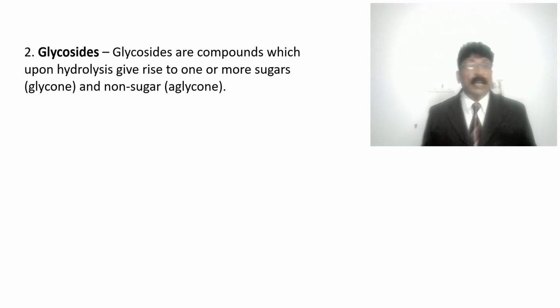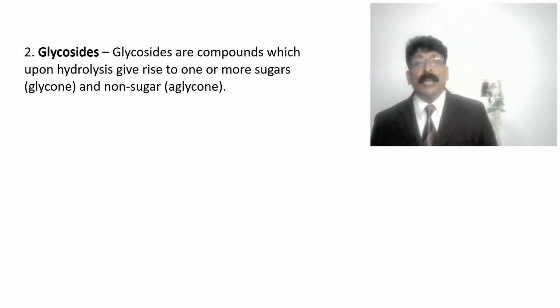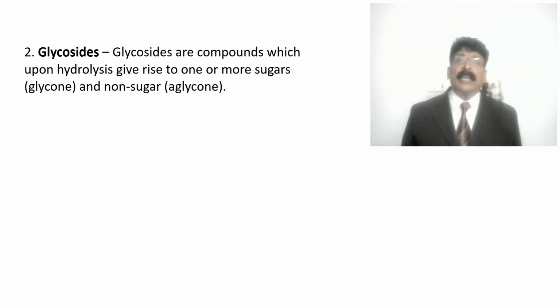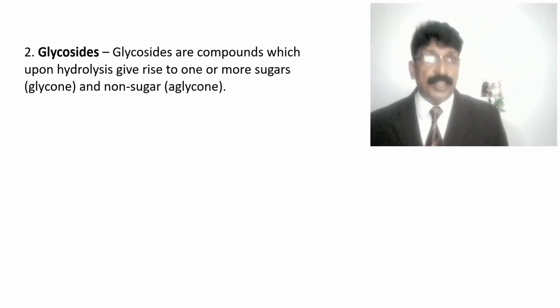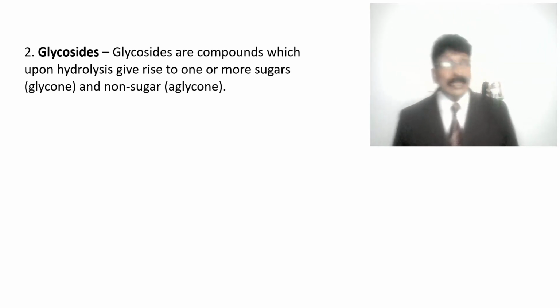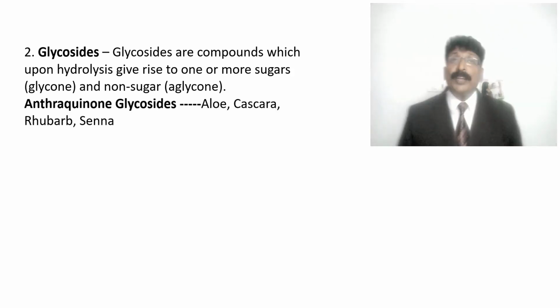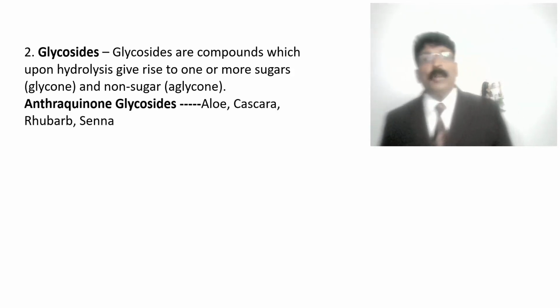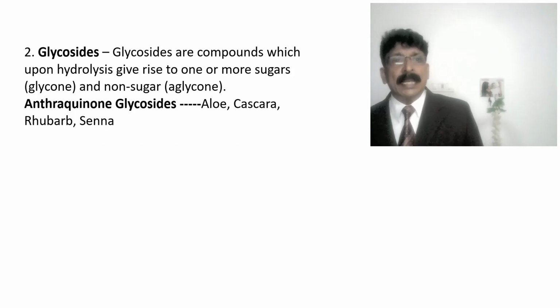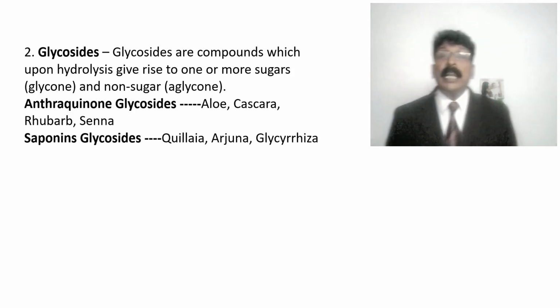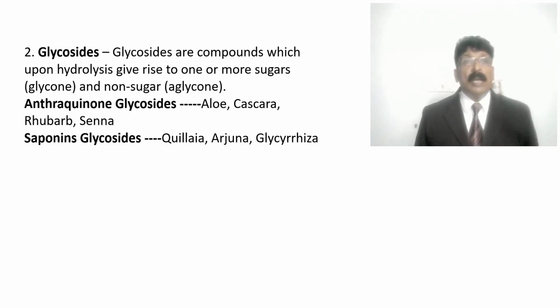And we can see the next chemical constituents, glycosides. Glycosides, we know, are compounds which on hydrolysis give rise to one or more sugars, called glycone, and the other part, which is non-sugar, is called aglycone. Anthraquinone glycosides, example: aloes, cascara, rhubarb, senna. And saponin glycosides: quillaia, arjuna, and glycyrrhiza.